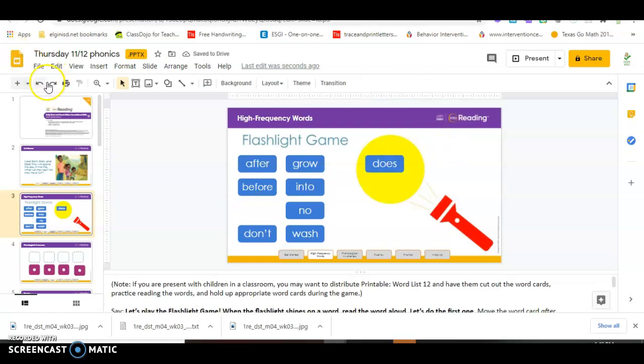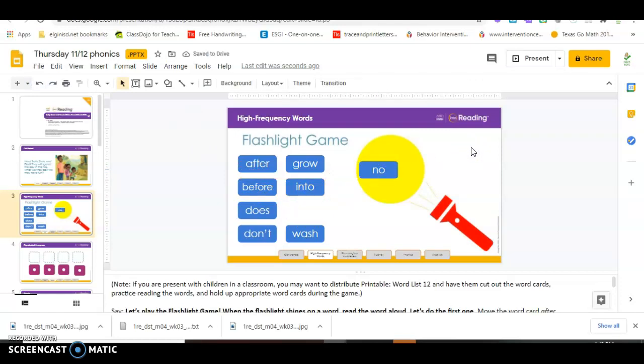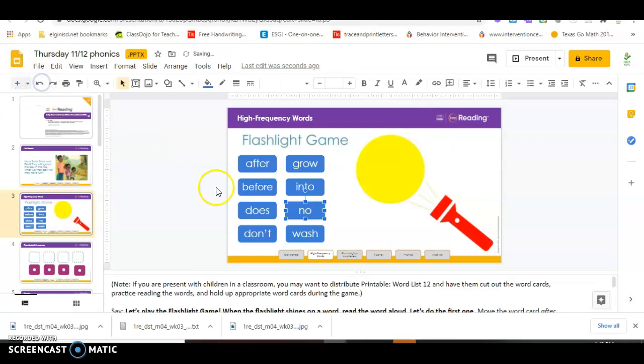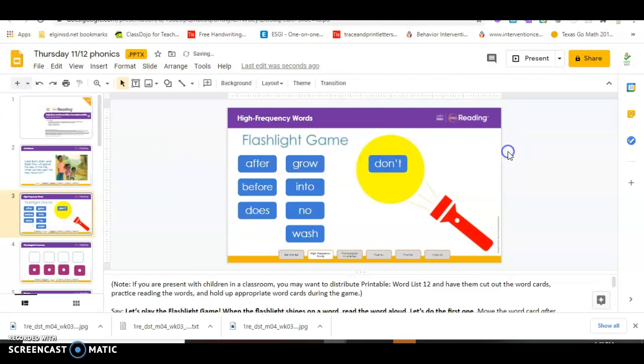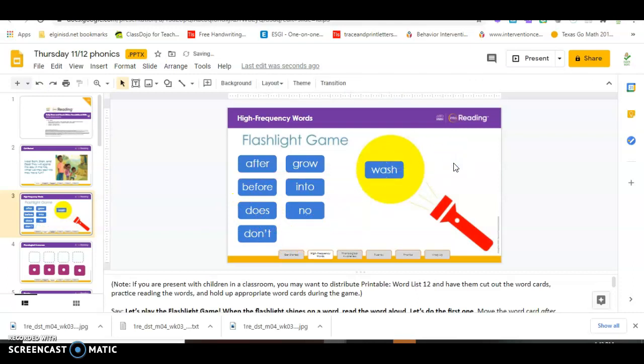Does. No. Don't. And wash. Good job, boys and girls.